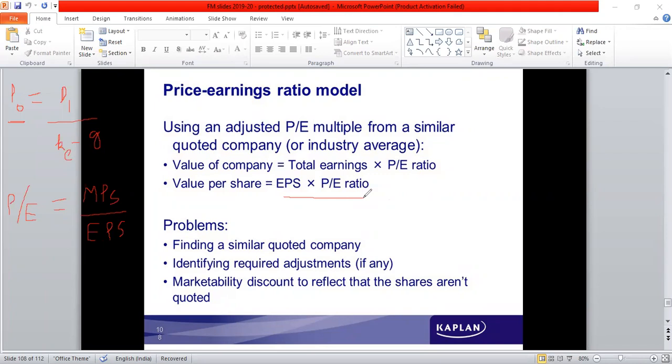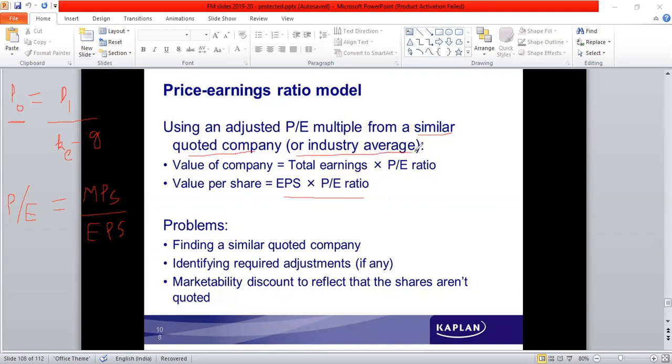So, using an adjusted price earnings multiple from a similar quoted company or industry average. Here, if they do not know the market value of their shares, they can adopt it from a similar quoted company or industry average.